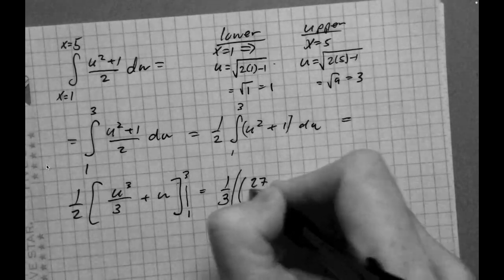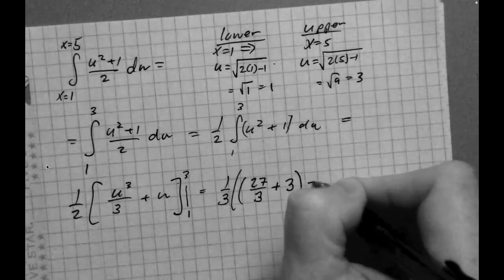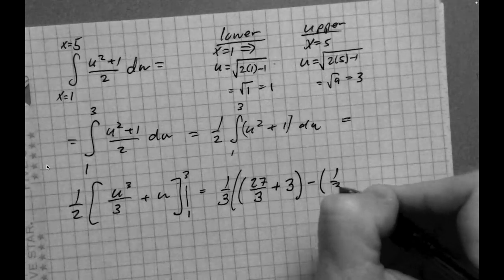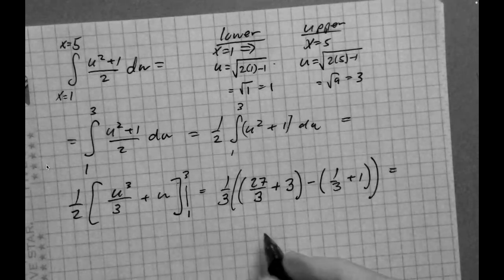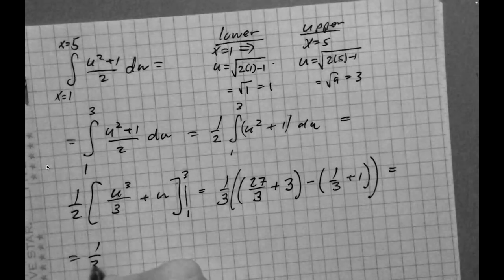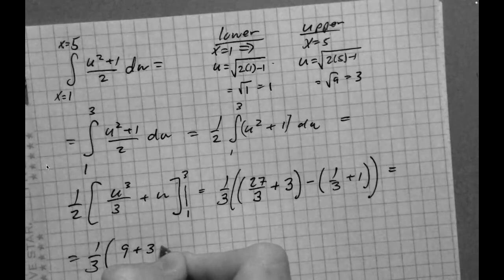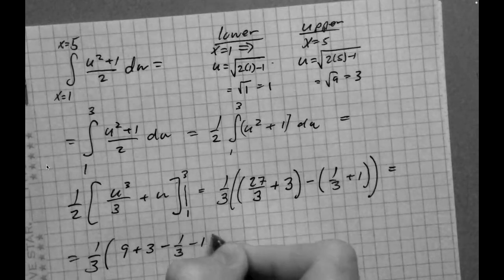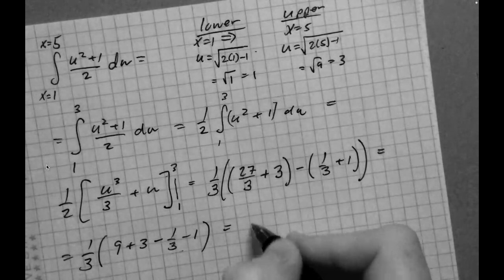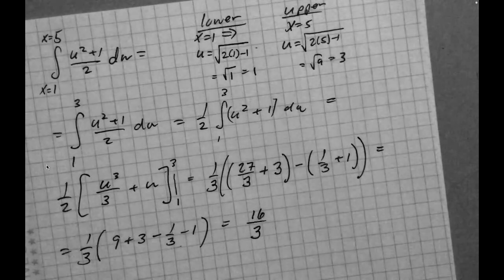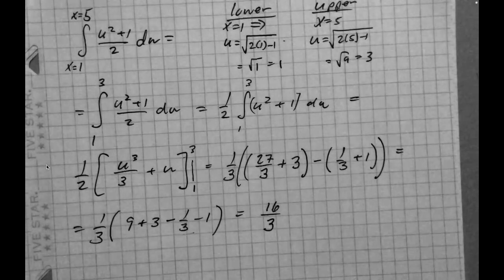So 27 over 3 plus 3 minus 1/3 plus 1. Okay, and that's 1/3 times 9 plus 3 minus 1/3 minus 1. And when you do all of that, you get 16 over 3. So you can get to the end of this integral pretty quickly.